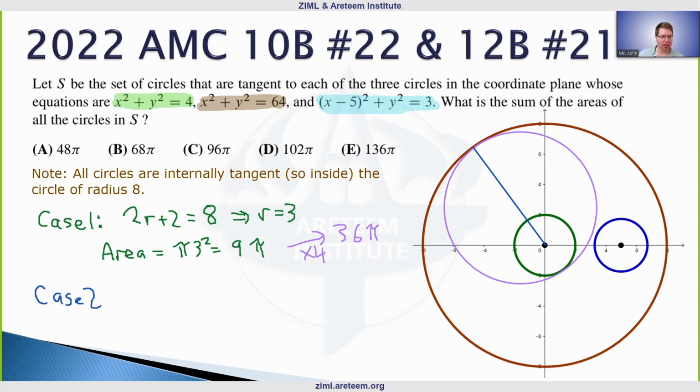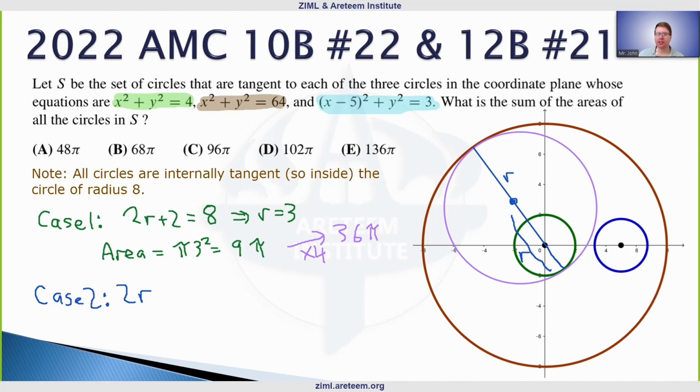So what is our case 2, right? Well, this time if we do 2 of the radii, right? So we have an r, so the center is somewhere like here. We have an r. Then the other r is too much, right? So if we add a second r, that would get us all the way out here.